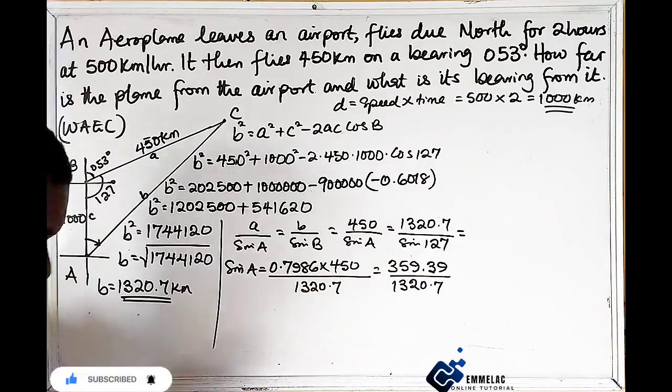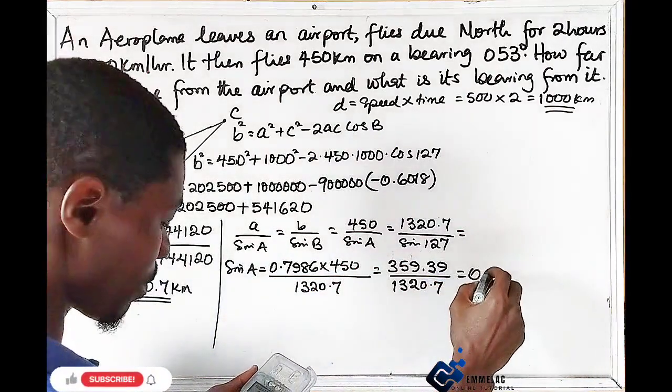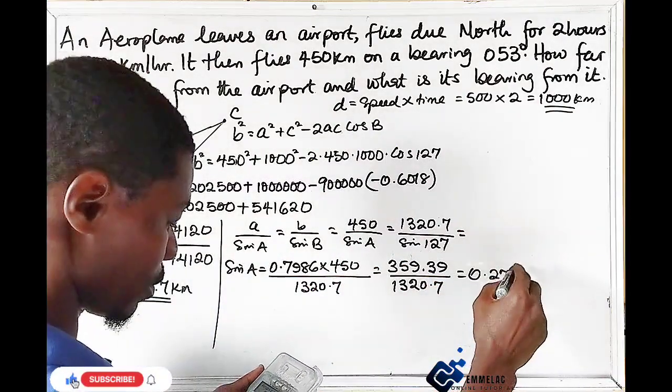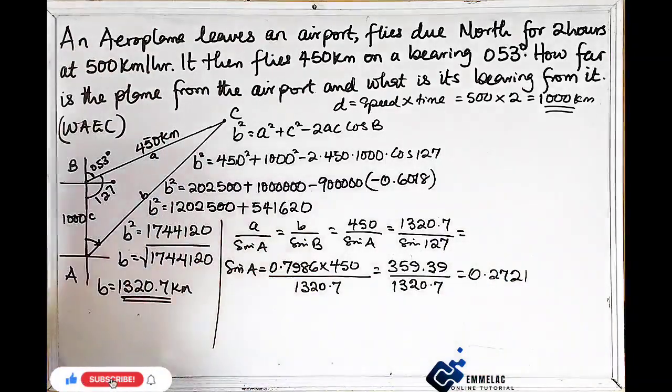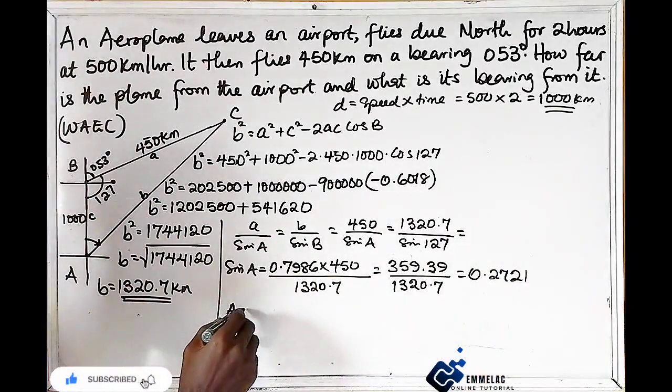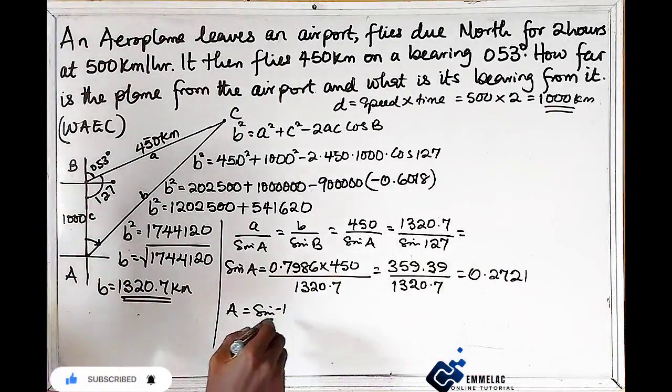So here we have 0.2721. What we need to do now is to find the inverse sine of this.